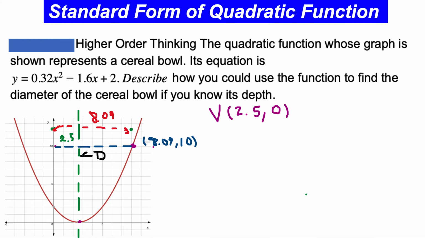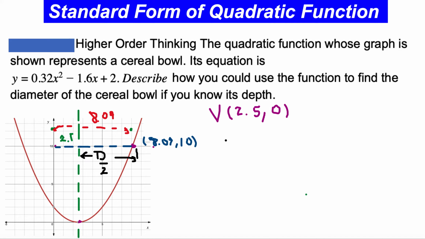From here to this point here is half of the diameter. So it's d over 2. And I want to find what this d over 2 is equal to. The d over 2 is this distance here minus the distance from the 0 to the axis of symmetry, from the y coordinate to the axis of symmetry.